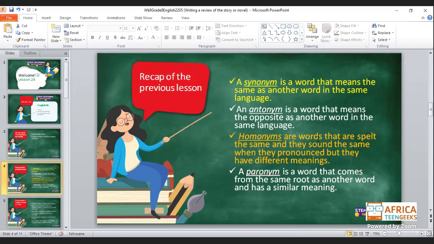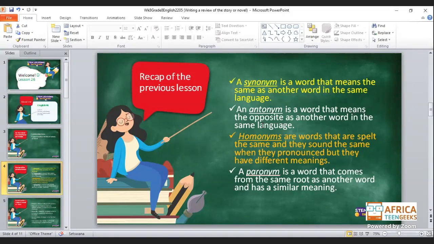Remember in one of the past lessons when we did homophones, we said that homophones are words which sound the same when they are pronounced, but they are spelled differently and they mean different things.